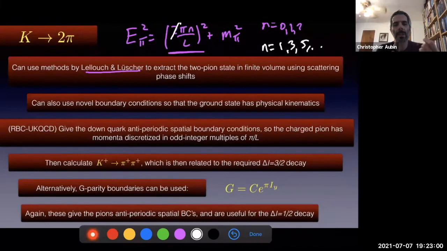So you're changing the discretization of the charged pion momenta. You're not changing the neutral pion. So if you're trying to look at, say, k plus goes to pi plus pi naught, that's not going to help us.